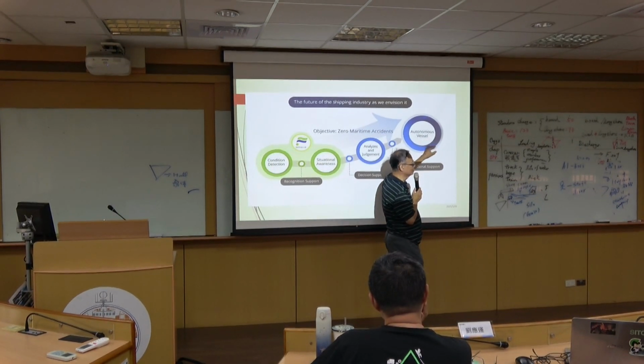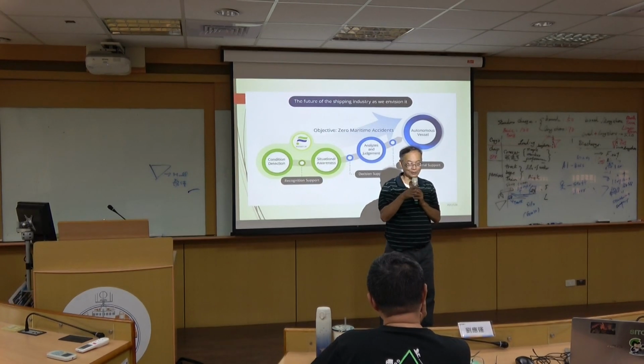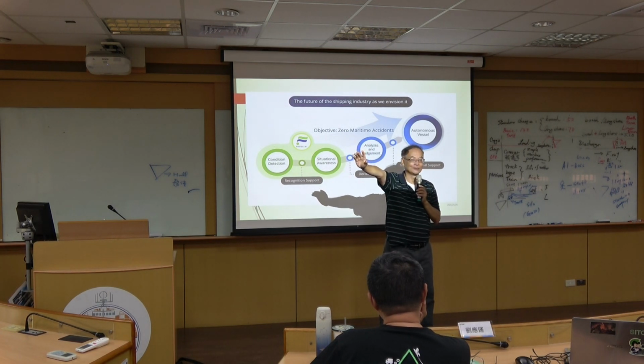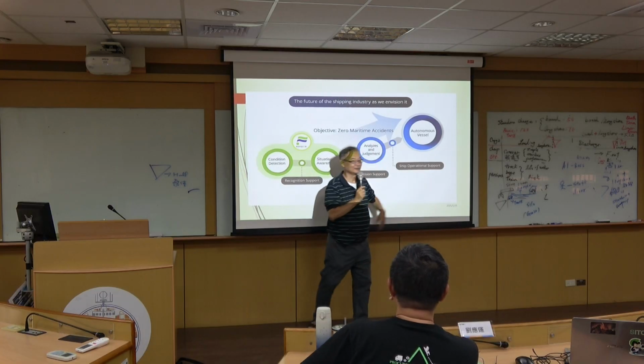And because of the remote control center, if you face some problem, they can make a decision through the captain. Otherwise, artificial intelligence can make the decision. Okay. So if artificial intelligence can make decisions by itself, it's very dangerous. Very dangerous.